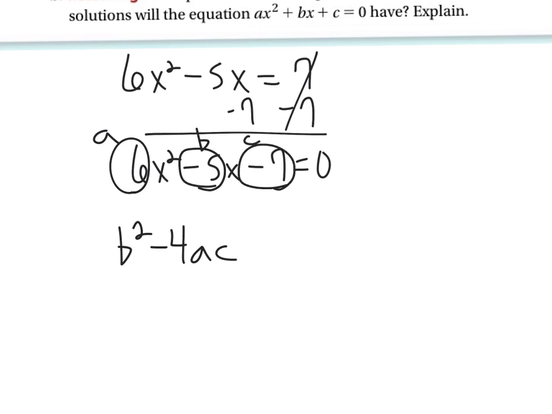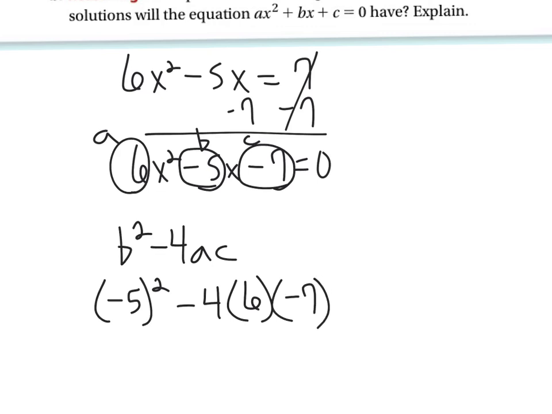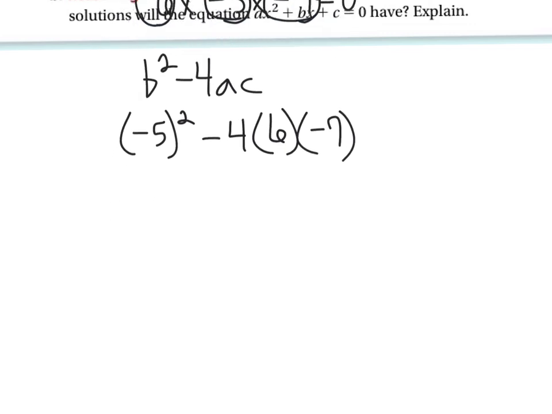You can do like I did there and rewrite it off to the side so it's a little bit easier to see. And then we're going to substitute in. Now b squared, b is negative 5, so we're going to do negative 5 squared minus 4 times 6 times negative 7.